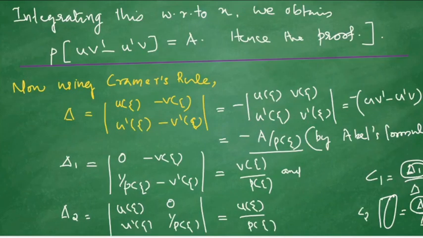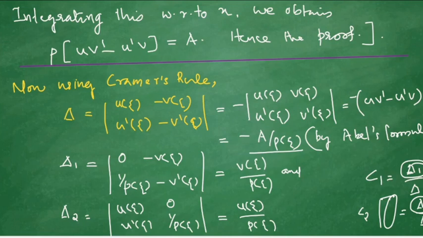So for delta 1, we replace the first column by the matrix B, 0, 1 by P of theta. Multiplying this, we get delta 1 as V of theta by P of theta. For delta 2, replace the second column with B, so we obtain the delta 2 determinant as U of theta by P of theta.